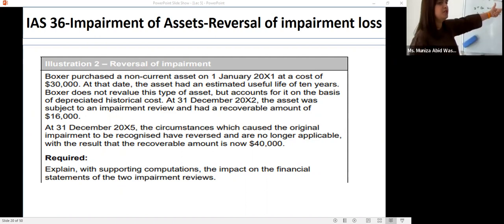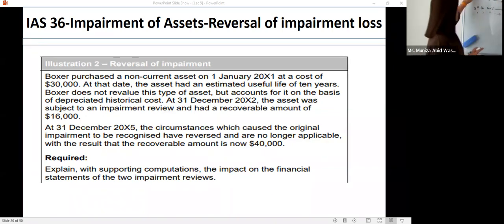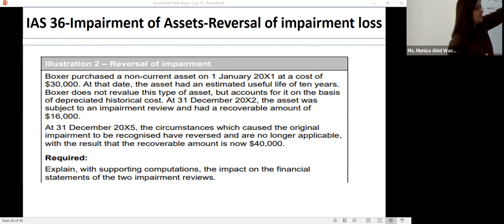How much per year depreciation charge will be there? When we had reached 2002, 2 years have passed. Out of 10 years, 2 years have already passed. Now at 2005, how many years have passed from 2002 to 2005? 3 years have passed. And 16,000 is going to be divided on how many years? 8 years in order to calculate the depreciation charge.